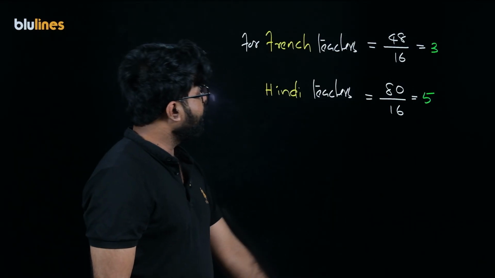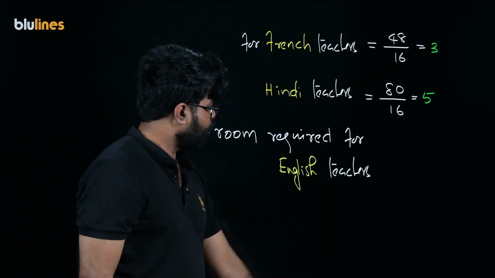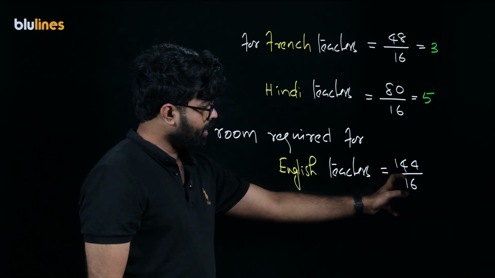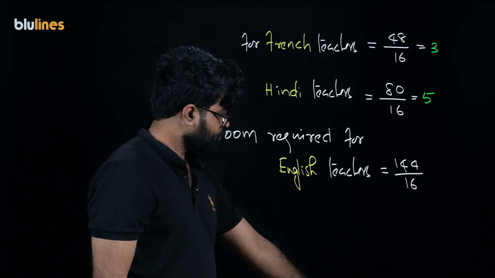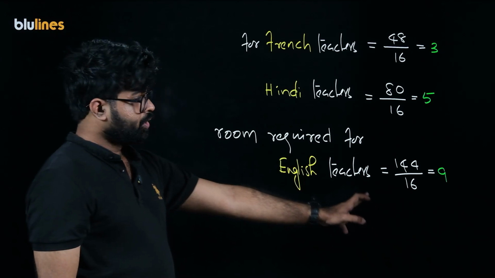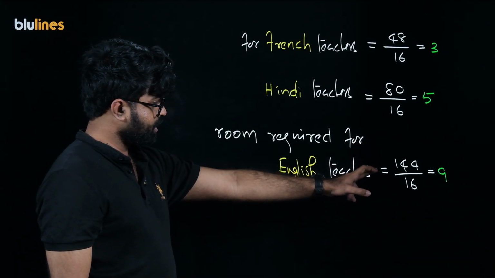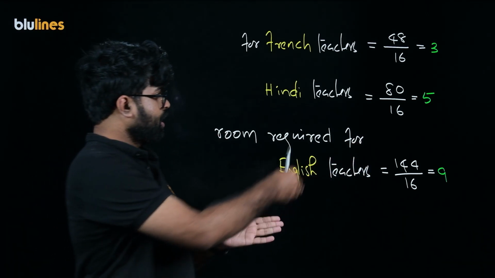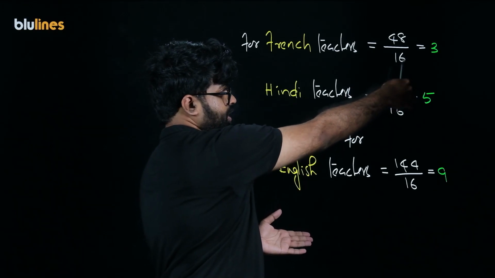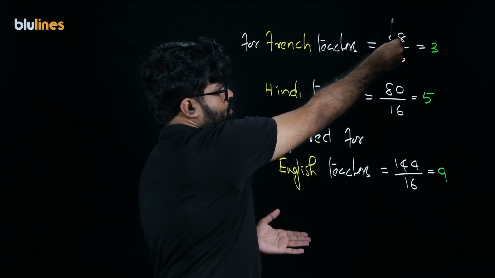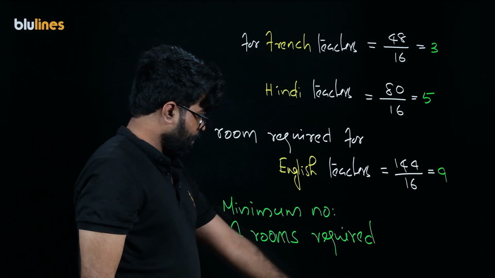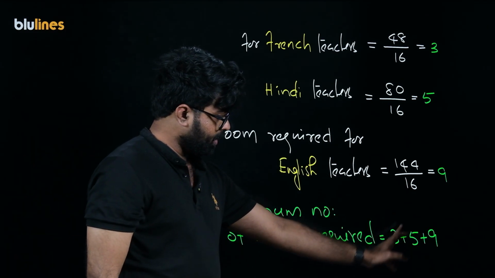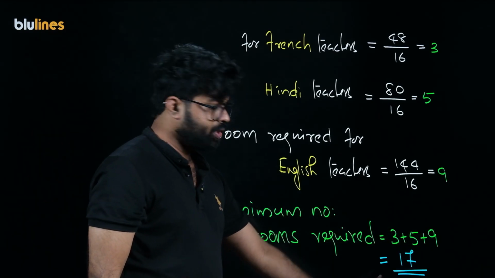Similarly, for English teachers, we have 144 divided by 16, which is equal to 9. So there are 9 rooms for English teachers, 5 rooms for Hindi teachers and 3 rooms for French teachers. So the total minimum number of rooms is equal to 3 plus 5 plus 9, which is equal to 17.